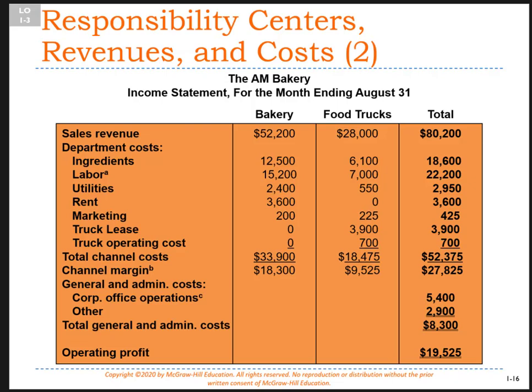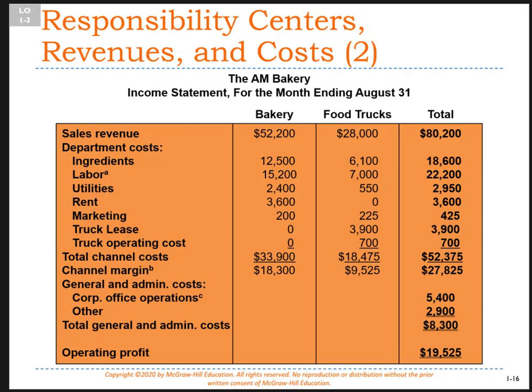And so we break out, as much as possible, the cost and revenue for the person in charge of food trucks and the cost and revenue for the person responsible for bakery, so that when we evaluate them, we are looking at what they are actually responsible for. That's their responsibility.